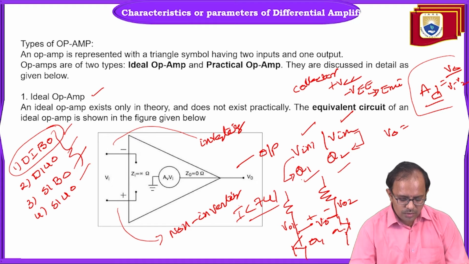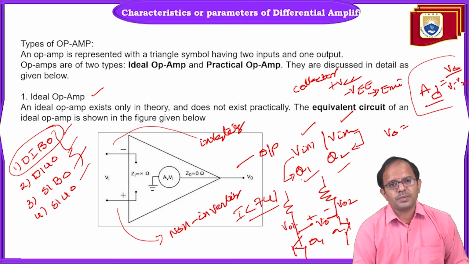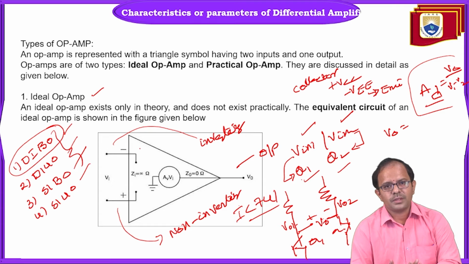So as of now, try to understand the input and output representations of the operational amplifier. There are two inputs. One is the non-inverting input, another one is the inverting input. What is meant by non-inverting input?